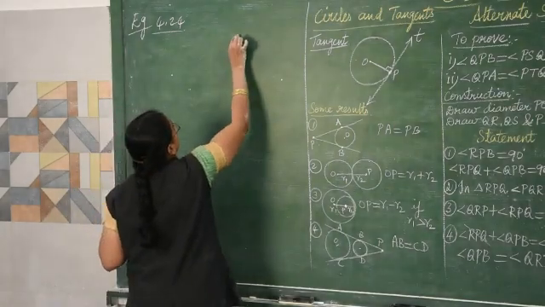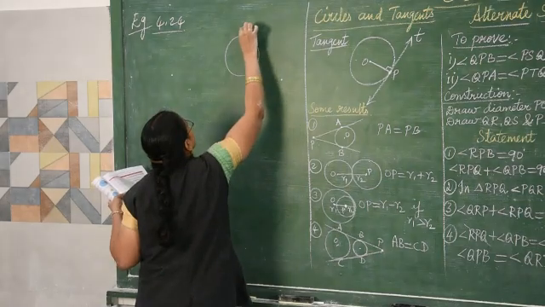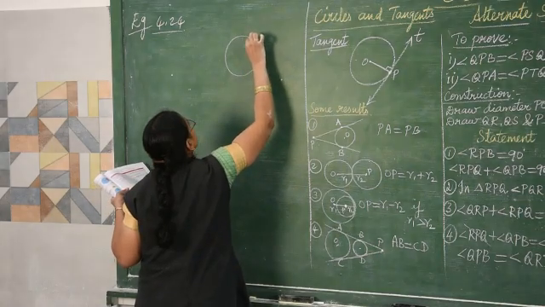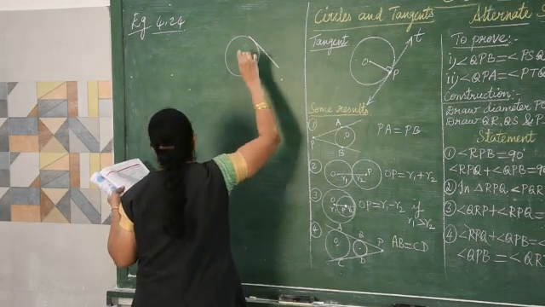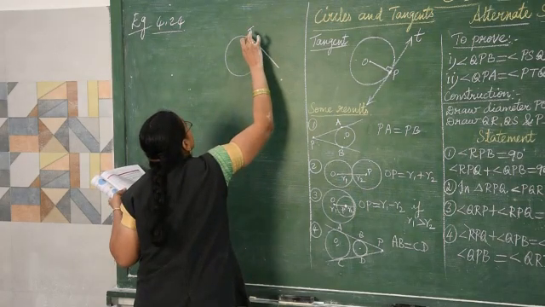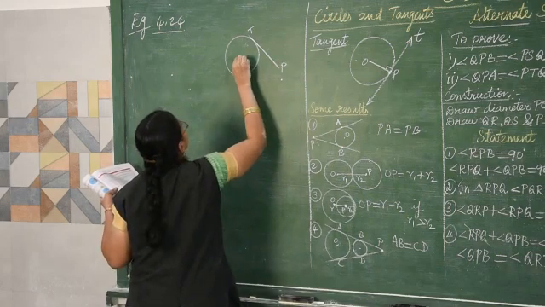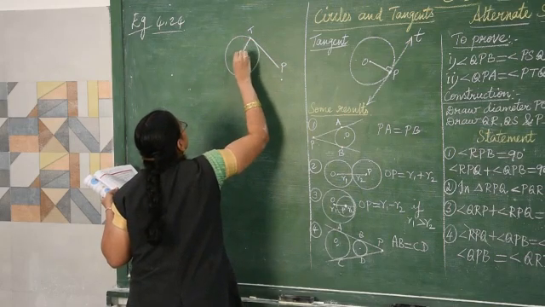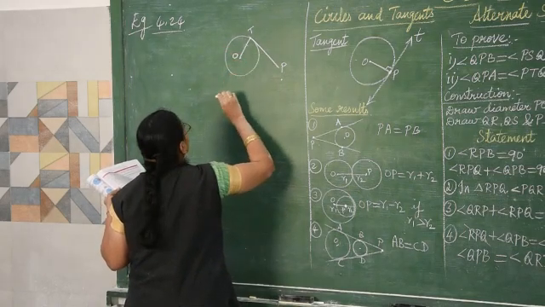A circle is given, a tangent is drawn, let us take that as PT. The center of the circle is O.